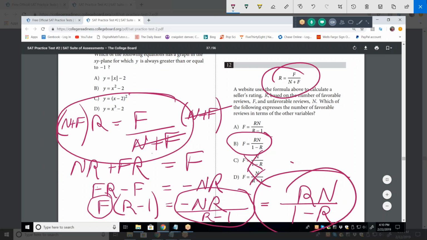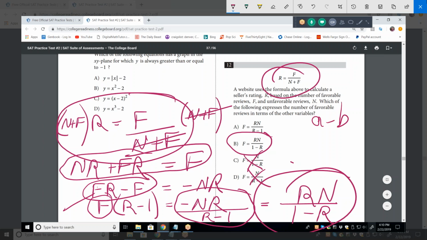Gathering not just like terms, but the term that we're trying to solve for, which was F. So you gather all the F terms together. And then you factor. So there's factoring involved. But perhaps the toughest step is this one, the last one, where most people are not particularly familiar with that is always minus 1.